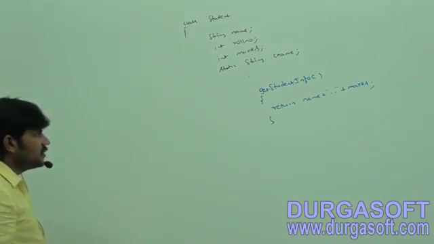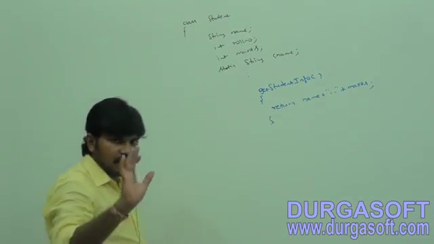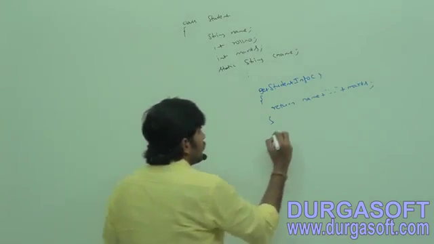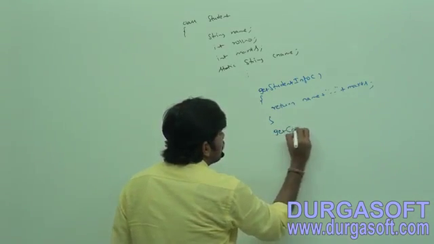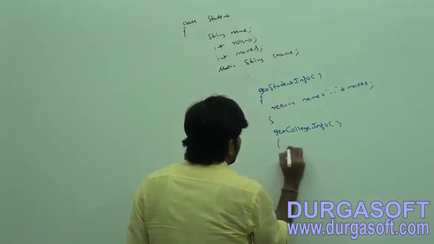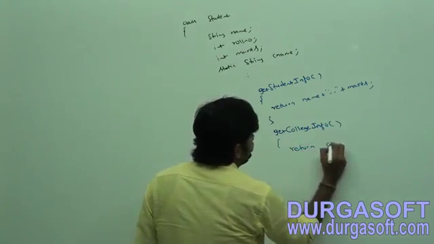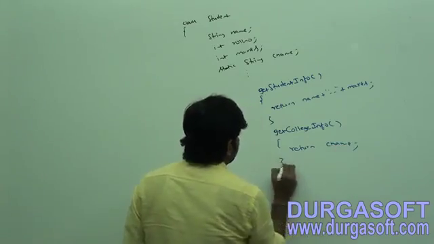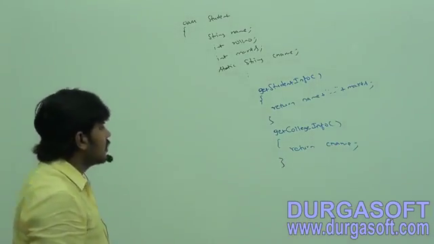Sir, can you tell, is it an instance method or a static method? Of course, at last we will decide. Just observe. Sir, getCollegeInfo. Return collegeName.